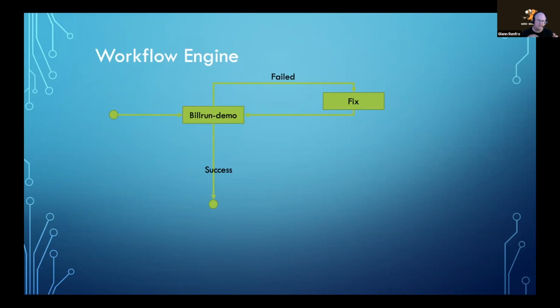I could create a directed graph that allows me to say I want this workflow engine to follow my directed graph. I want it to launch my build run. And if the build run fails, I want it to call another routine that will fix the problem. And then I want my workflow engine to rerun that build run demo, and I want it to do it successfully.